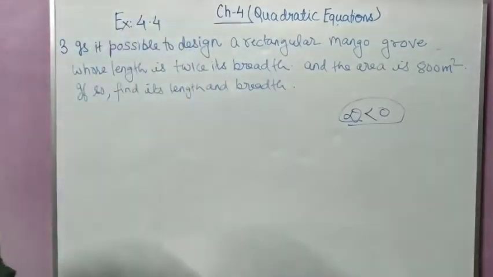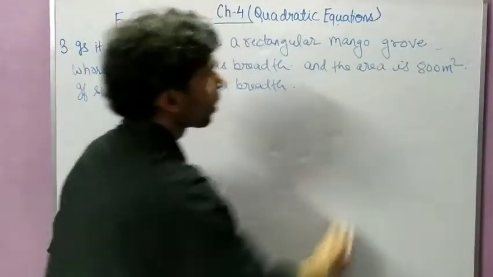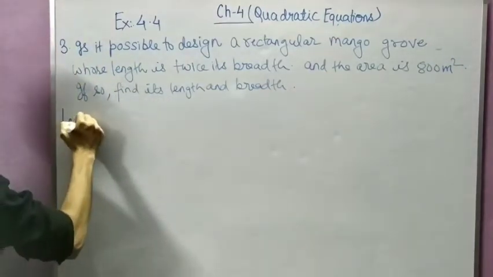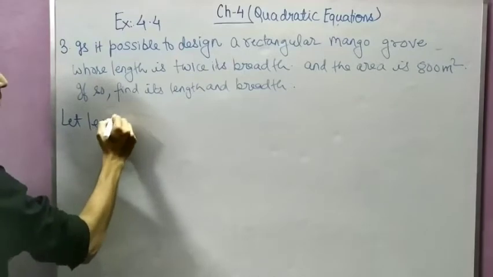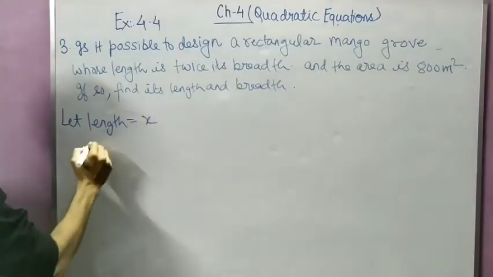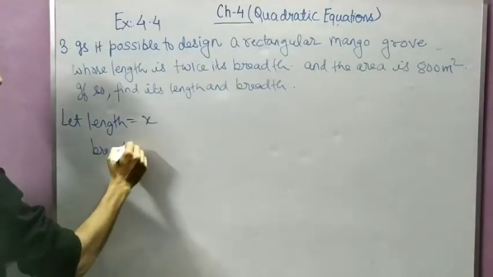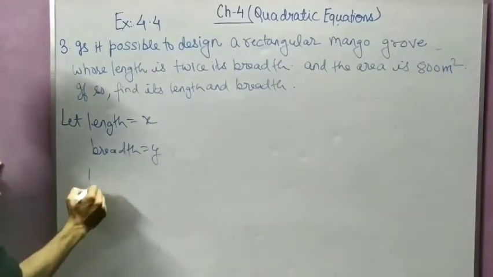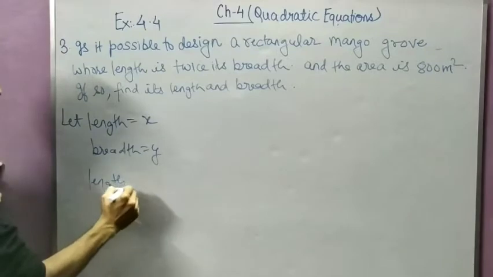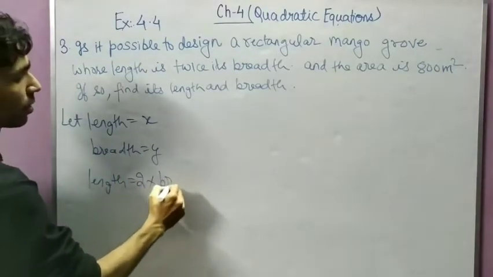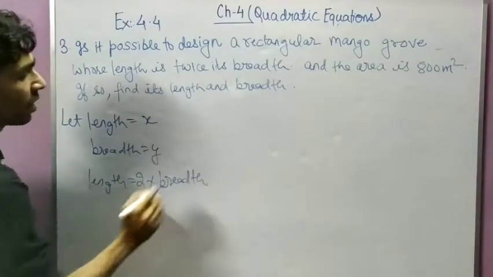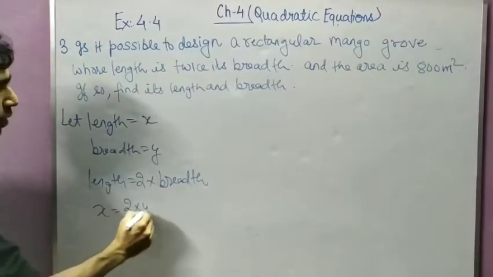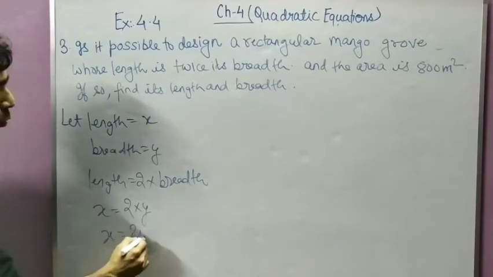So first we will form the quadratic equation. Because the question is asking length and breadth, let's assume length is x and breadth is y. The question says that length is twice its breadth. Now length is x and that is twice its breadth, so x equal to 2y.